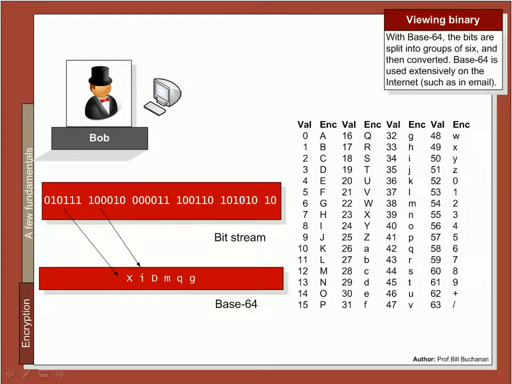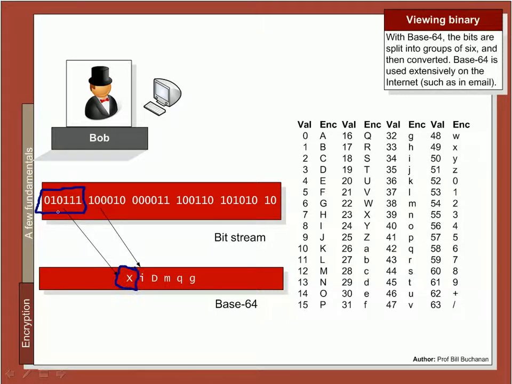The other way that can be used is a standard way of representing binary in messages such as email messages, and that is base 64. With base 64, we take 6 bits at a time and we convert that into a character.